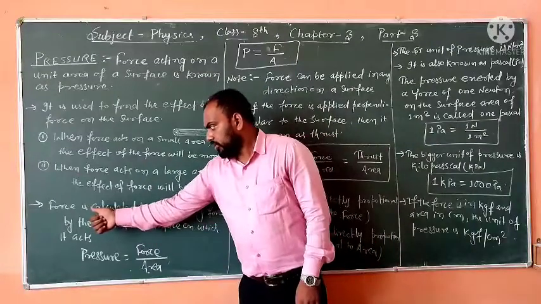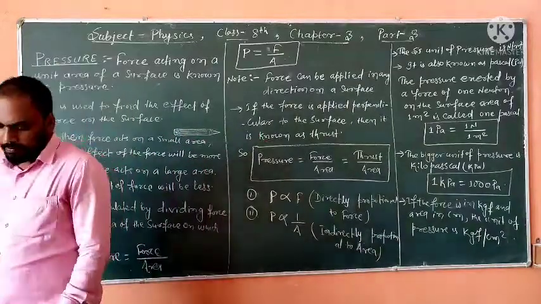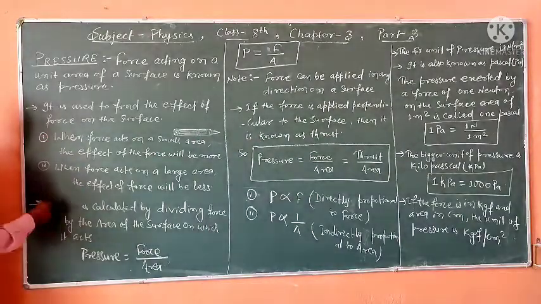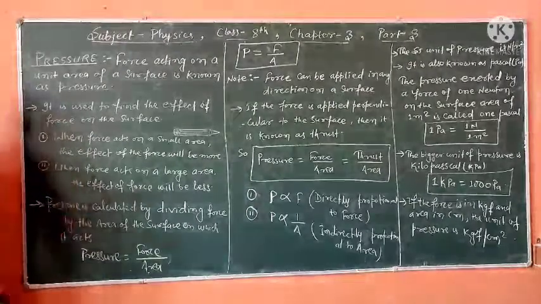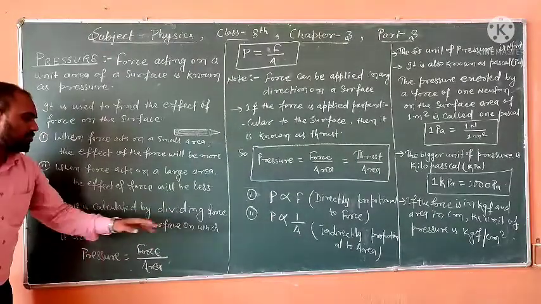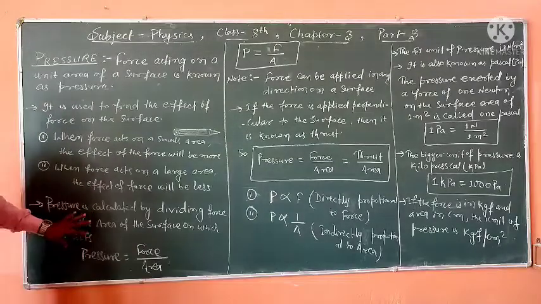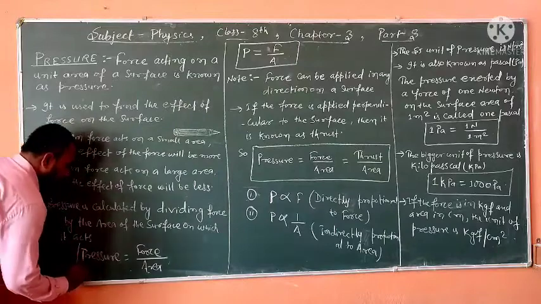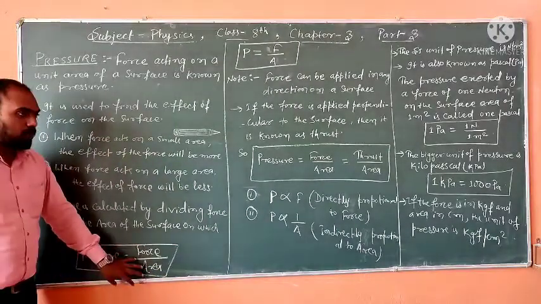Now, pressure is calculated by dividing the force by the area of the surface on which it acts. Simply, the formula for pressure is pressure equals force upon area.